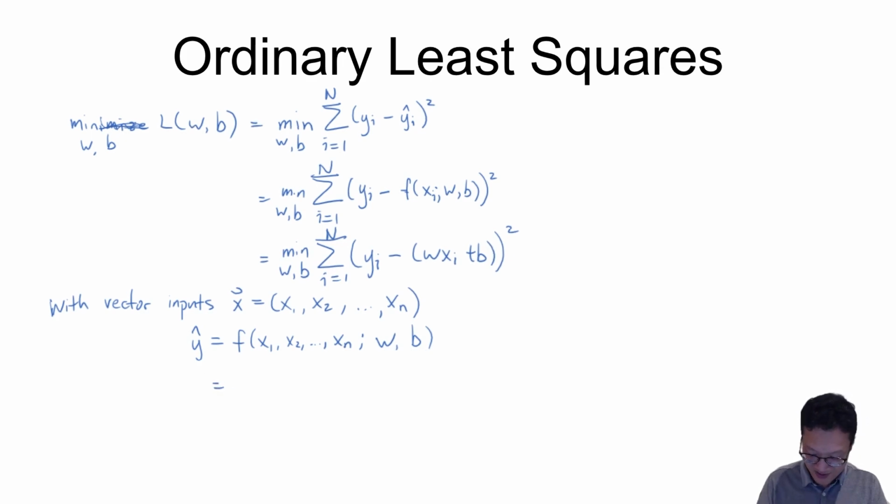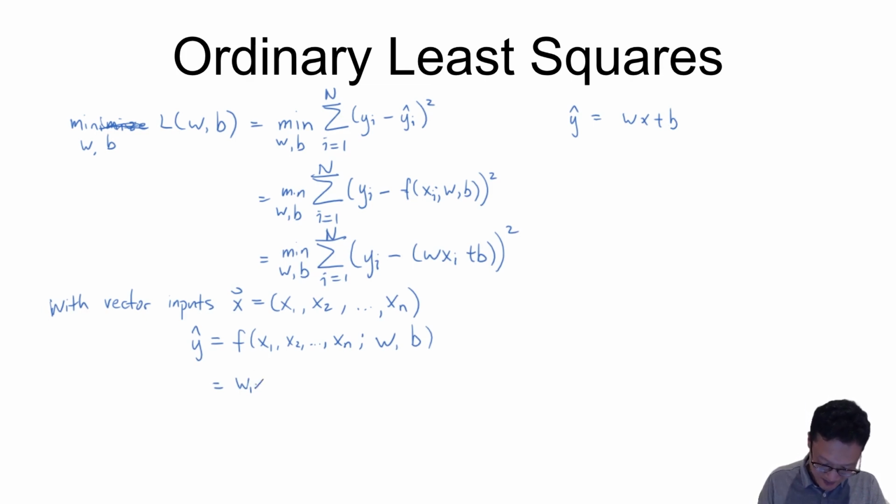So how do we generalize? The simple model we had above was y hat equals wx plus b. What is the simplest way to generalize this? The simplest way is to have a different w for every component of x.